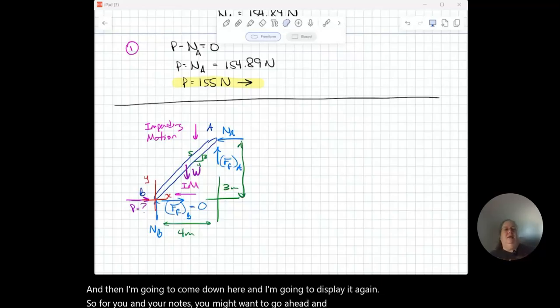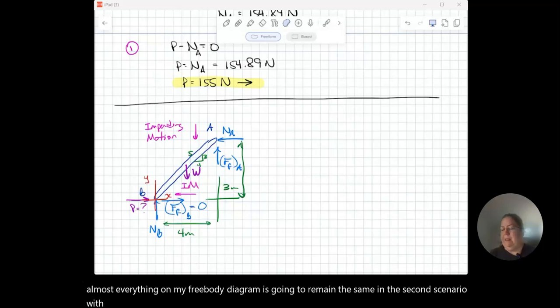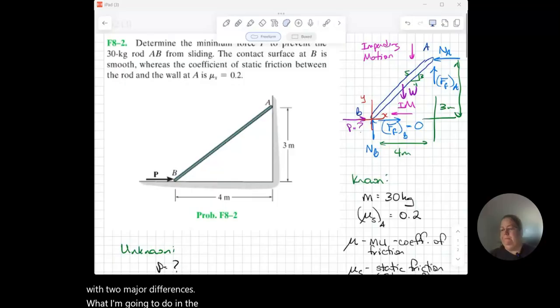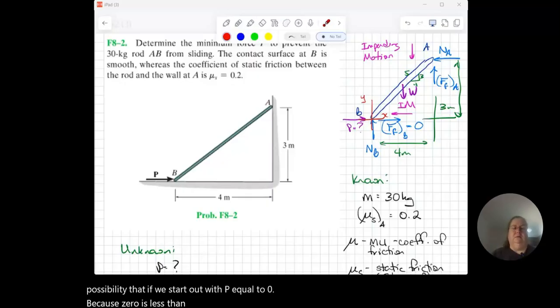Almost everything on my free body diagram is going to remain the same in this second scenario, with 2 major differences. Going back up here, I could imagine that if we start out with P equal to 0, because 0 is less than 155 newtons, my rod's going to slide down.